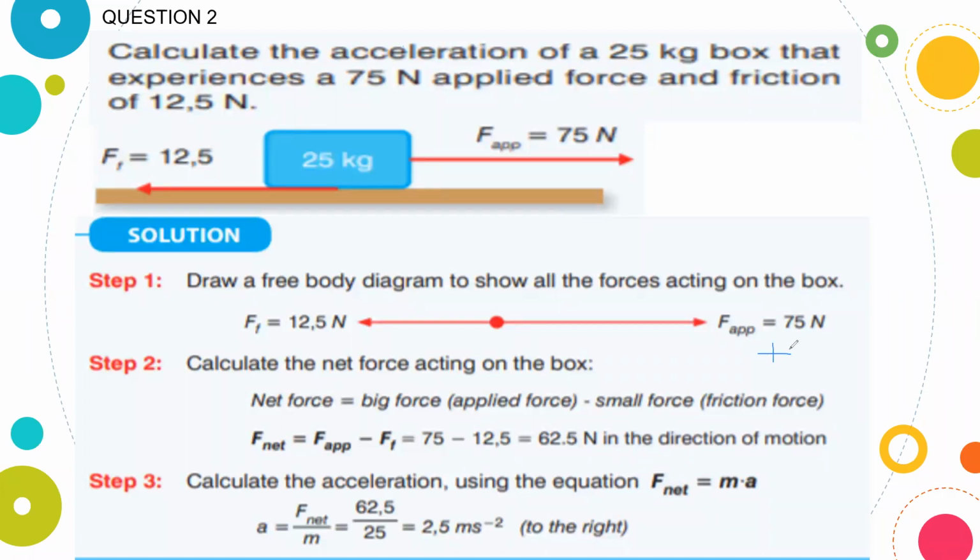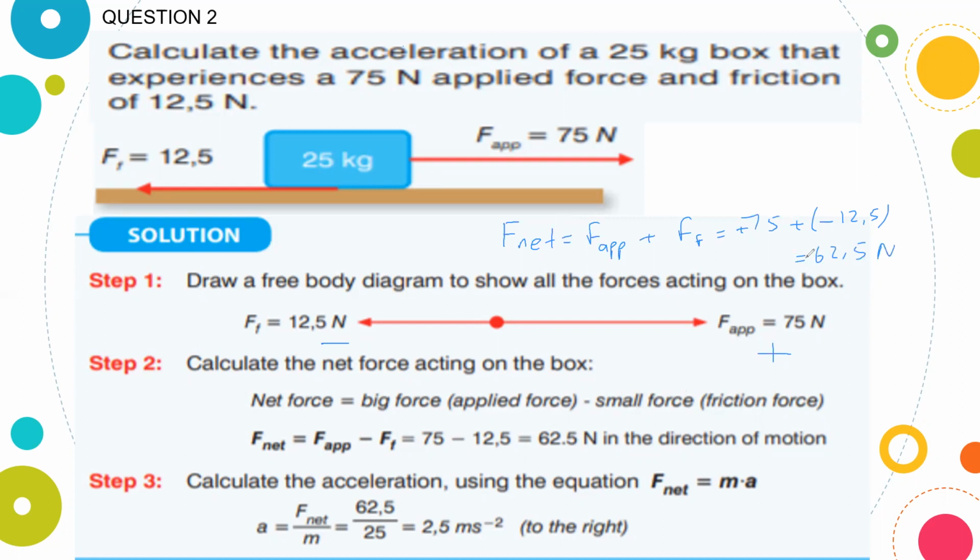Let's say to the right is positive and this side is negative. Then F net equals F applied plus F friction. F applied is 75, positive, and the friction force is negative because of the direction you are choosing, minus 12,5, and you get 62,5 newtons.